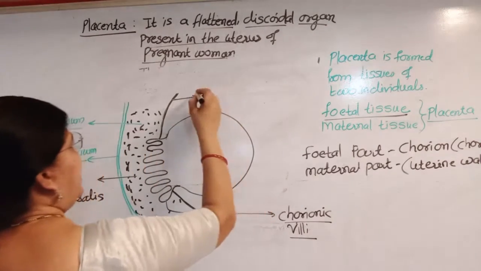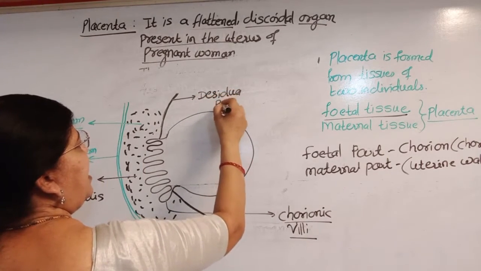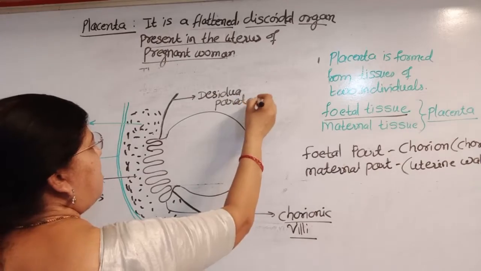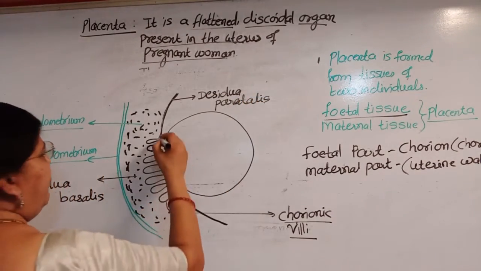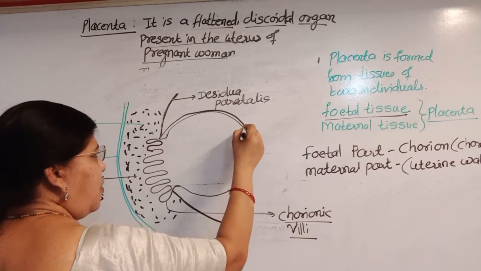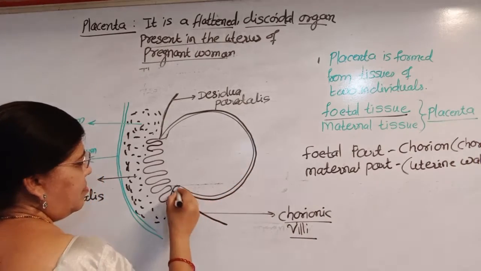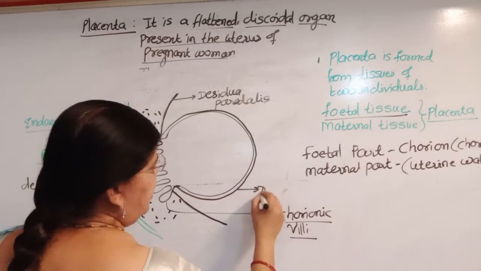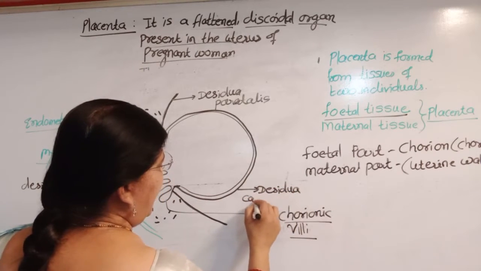This is called decidua parietalis, and the part of endometrium which surrounds embryo is called decidua capsularis.